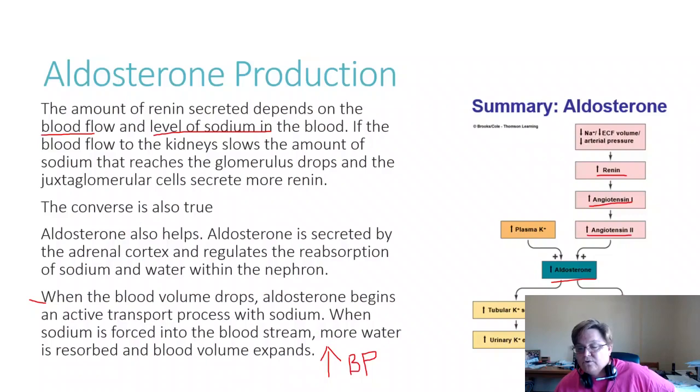If we have more tubular sodium resorption and decrease sodium excretion, then we're going to have an increased urine output. And then the opposite is true on this side, a decreased urine output.